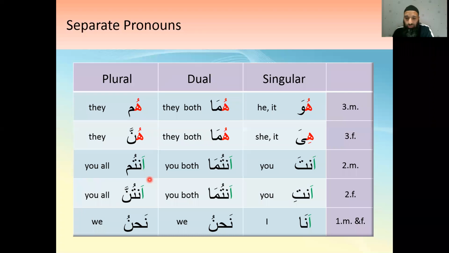You might be sitting down, waiting for something, read it, learn them, keep it open on your desk. So every time you walk past it, give it a quick glance, make sure you know them all. Even then, when somebody says, what is hum, you might have to do this, huwa, huma, hum, but you'll know it. You might have to do it like that until you start getting used to it.